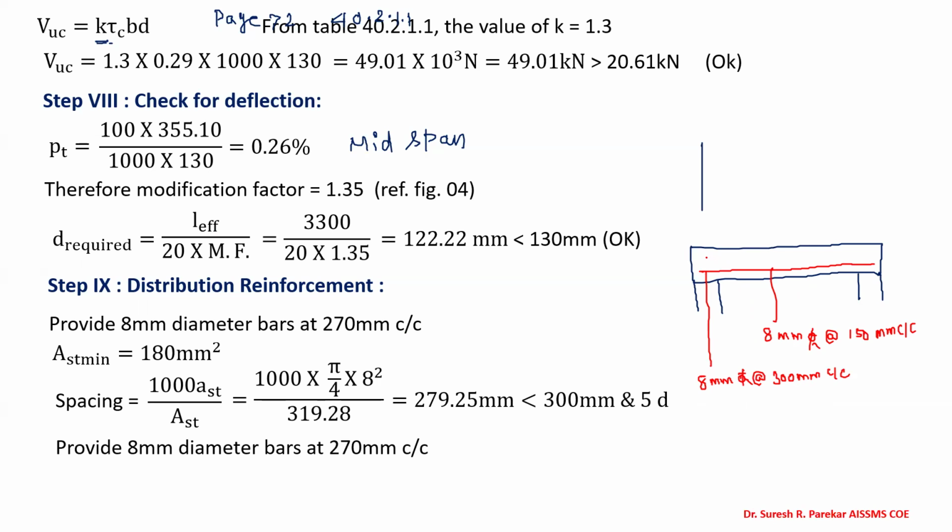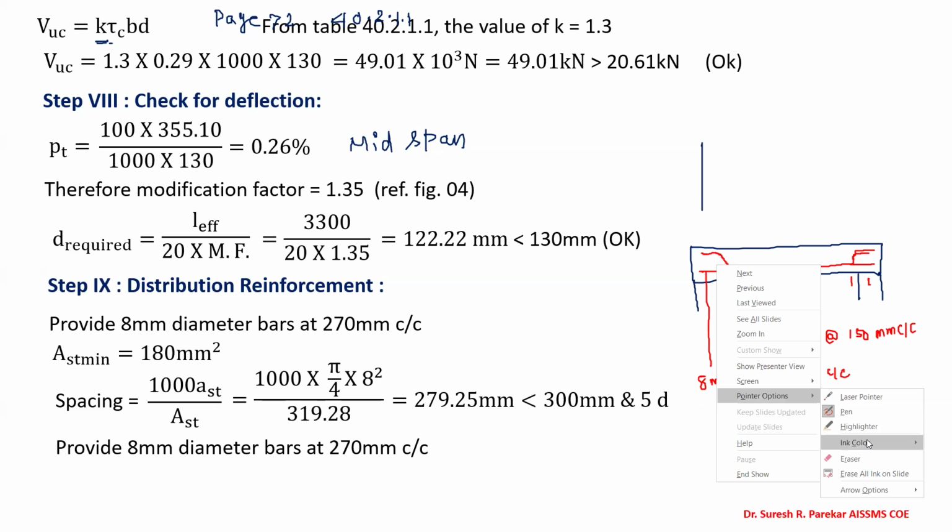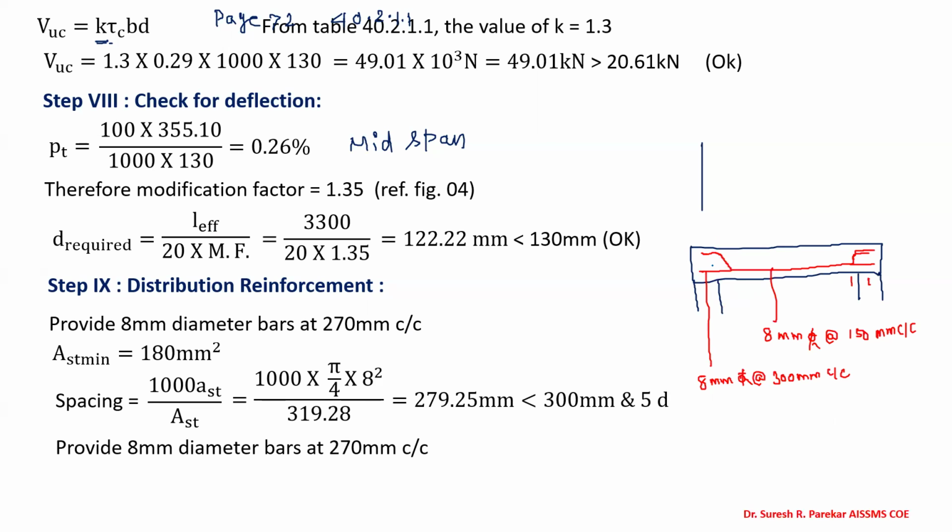Then we have bent up these bars at top from both sides. And we have this value, we have to find 15L, and then we have distribution steel. The distribution steel we have to show the dots because it is in this mesh.